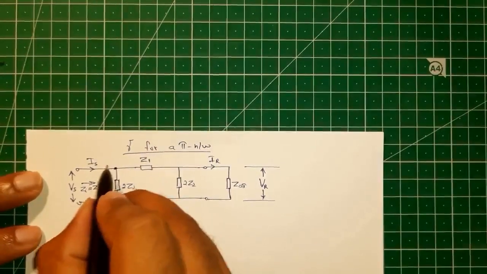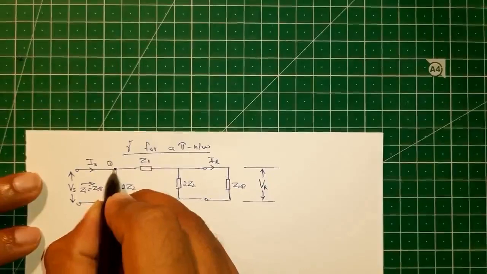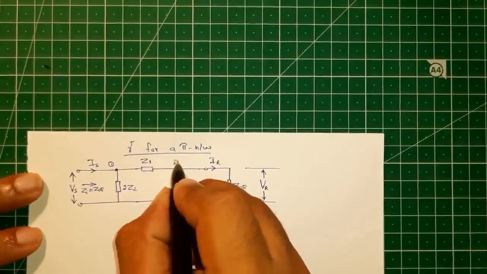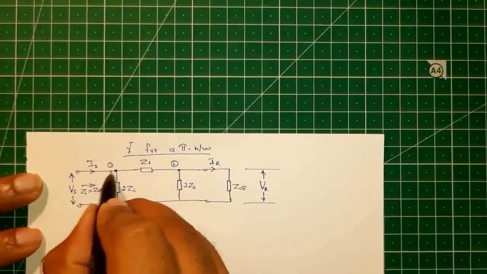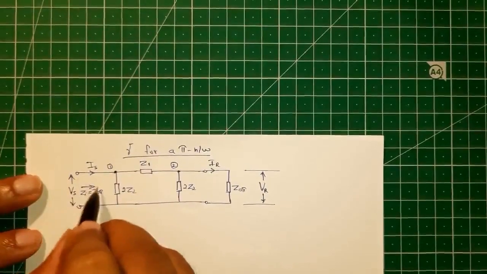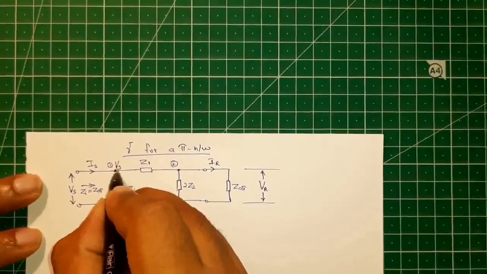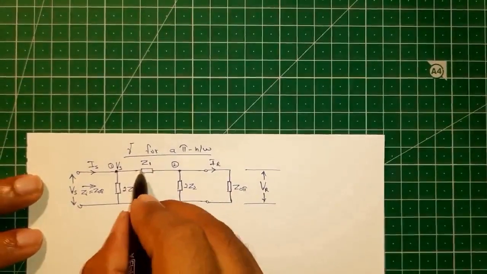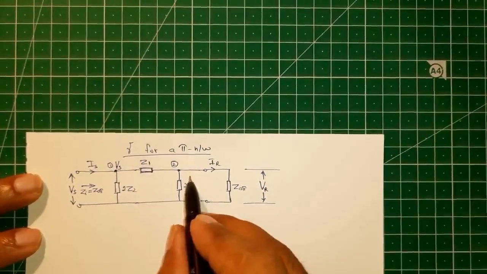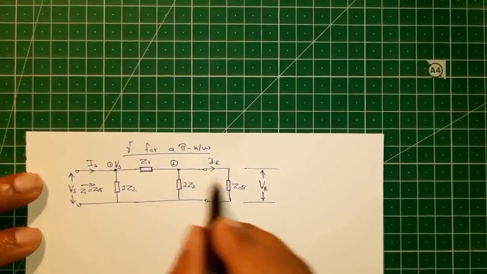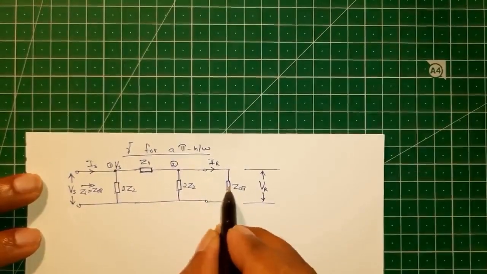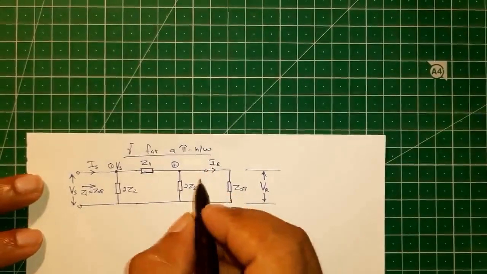And we have two nodes. This one is the first node, this one is the second node. So what is the voltage at this particular node 1? It will be the same as the sending end voltage Vs. And here we have the series arm impedance Z1, and on the other side of this impedance, we have node 2, where we have the same voltage across the load impedance Z0 pi.